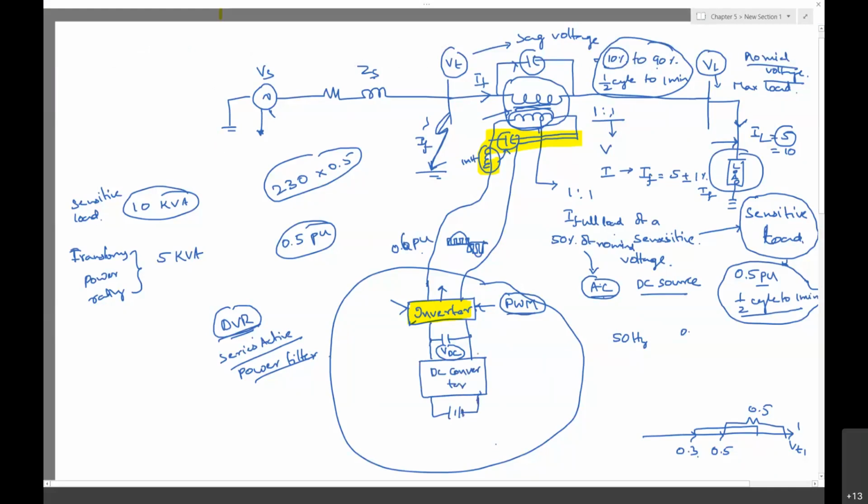This way, the DC link voltage generally preferred is 1.6 times the supply peak voltage.